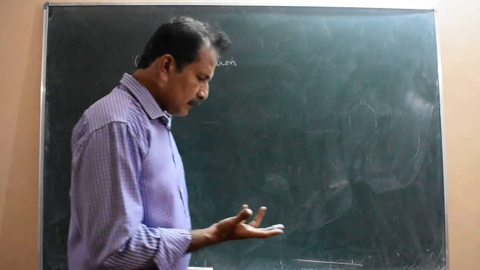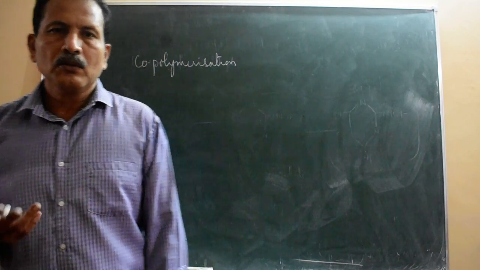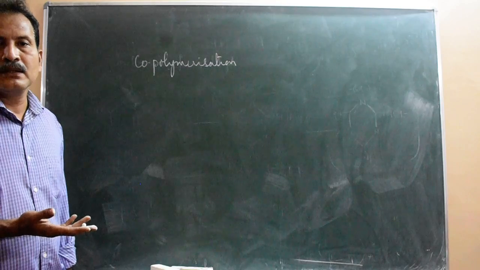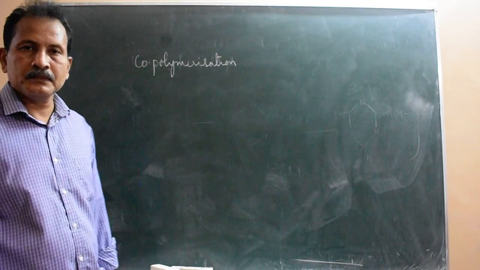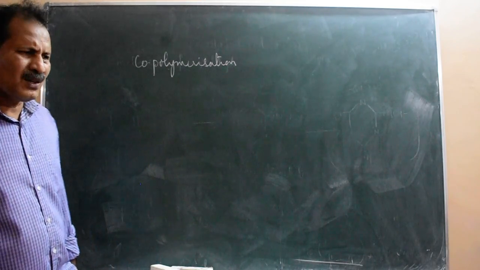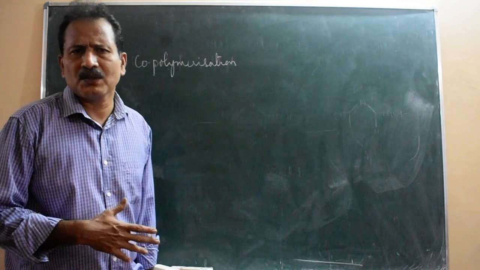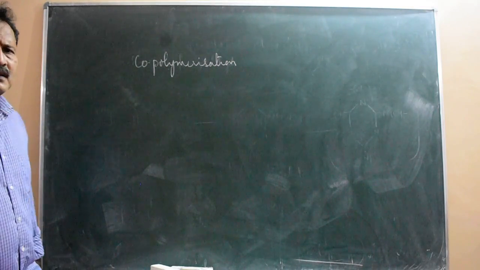So a mixture of different monomeric species is allowed to polymerize so as to form a polymer, and that is called a copolymer. Now you can use addition polymerization or condensation polymerization to get this copolymer.